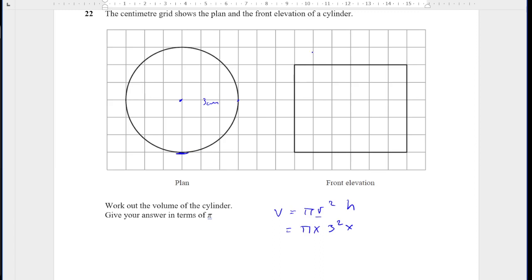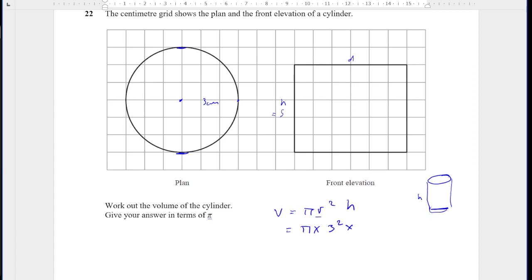Well, the height, we need to make sure that we don't confuse the height with that length there, which would be the diameter of the circle. The diameter of the circle is 6. So this is going to be the height, which we've got 2, 4, 5.